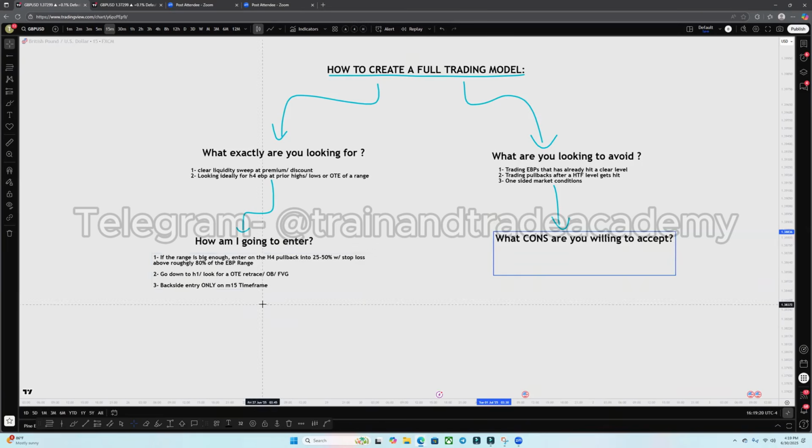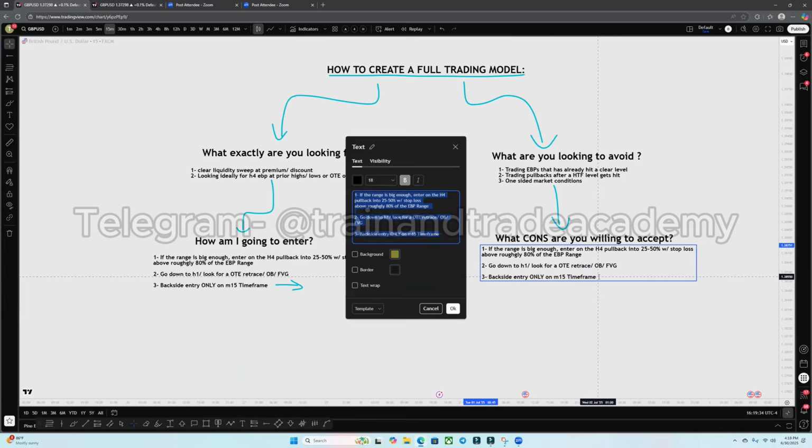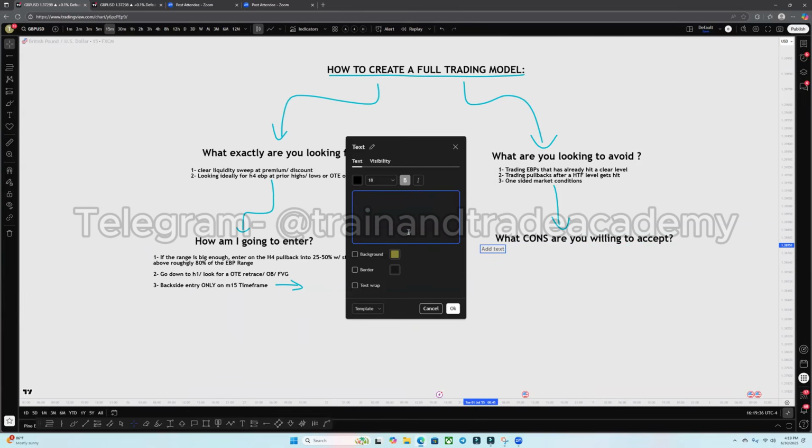But the truth of the matter is this: if you take a backside entry only on the 15-minute time frame, let's just say you're someone who only takes backside entries, the con of a backside entry is this, right? Let me just adjust this. So if only trading backside entries, what are the cons? This is going to be very simple.